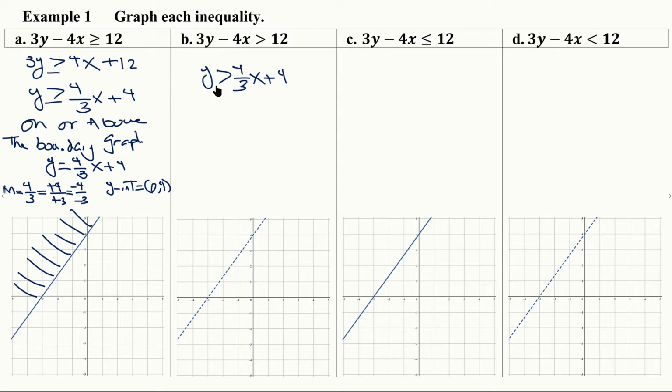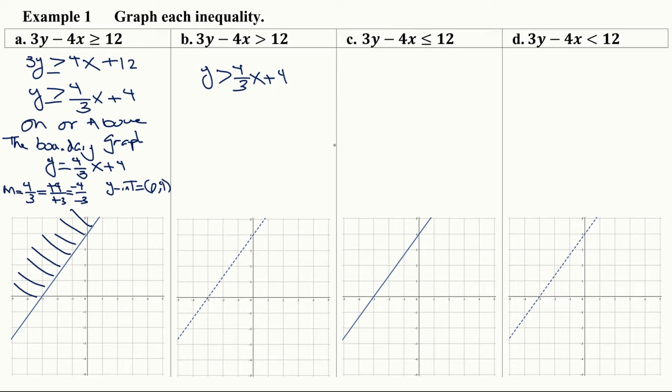Because we want the points in the plane whose y value is strictly greater than the y value of the points on this line. That means the points on this line themselves are not going to be part of the solution set, because that's where y is exactly equal to 4/3 x plus 4. So we're only going to want the points with y values greater than the y values on this line. So therefore, that would be all the points above.